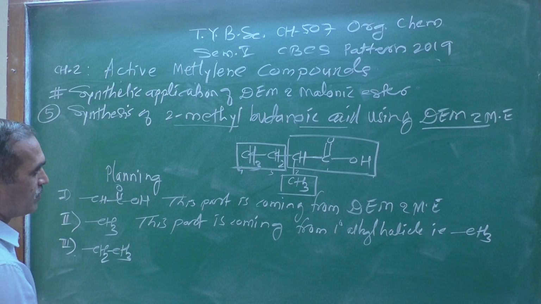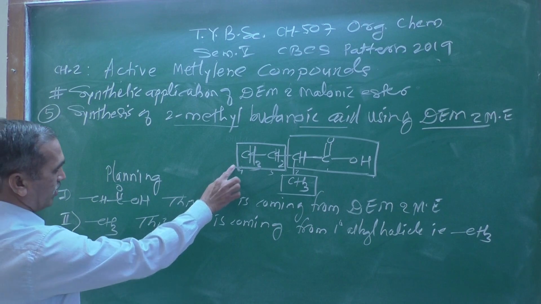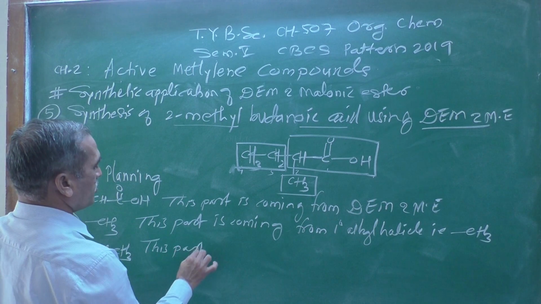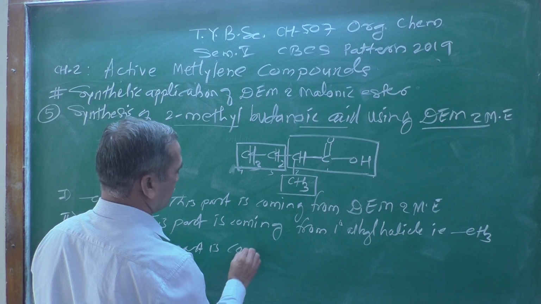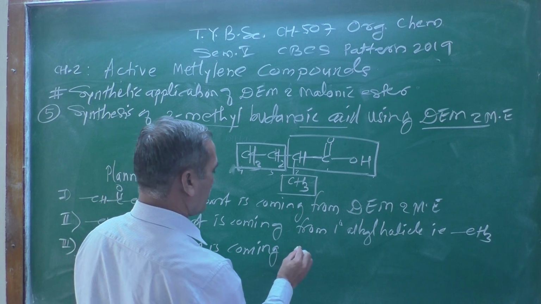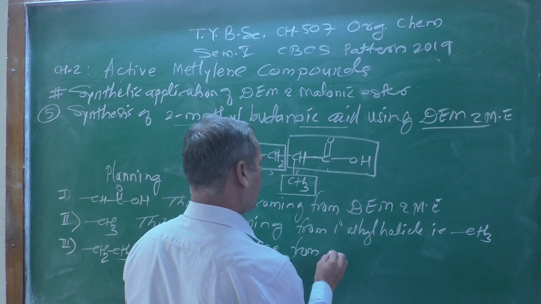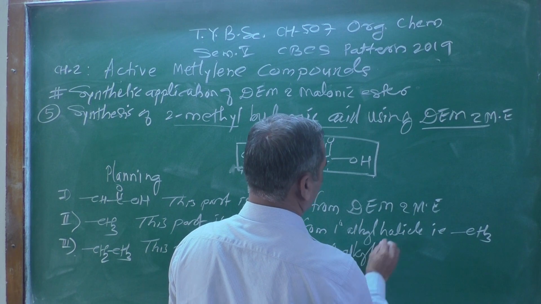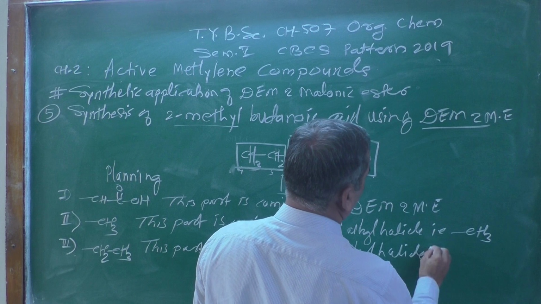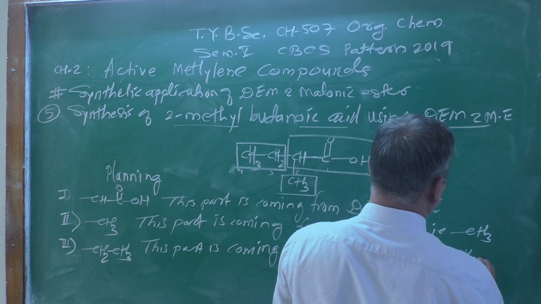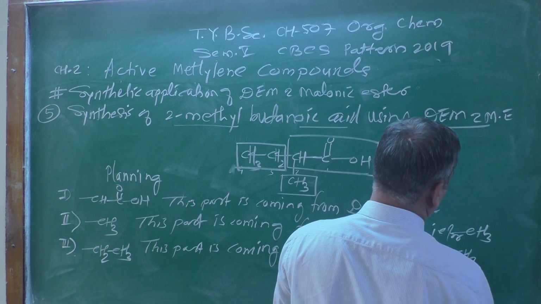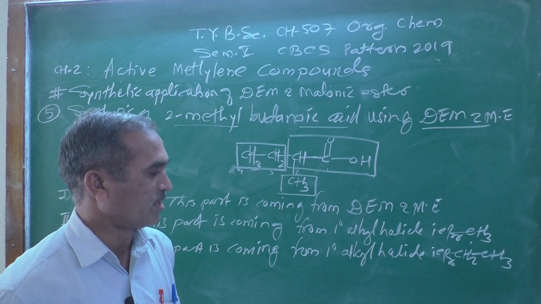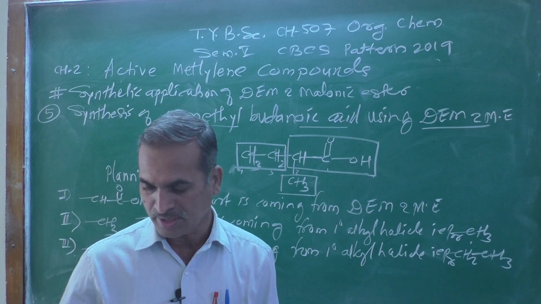You can clearly visualize this, and this part is also coming from a primary alkyl halide, which is this one, Br. The first is methyl bromide, and the one below is ethyl bromide. That's it.